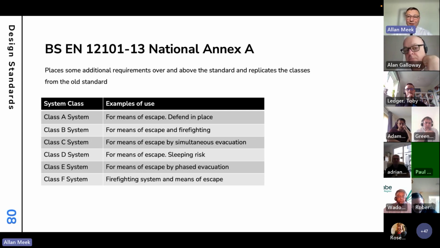So we have a new standard and then a national annex, which makes additional recommendations to the standard. The main ones I'll discuss next. They're not too onerous, but it does make things slightly more complicated than the wonderfully simplified standard as published.